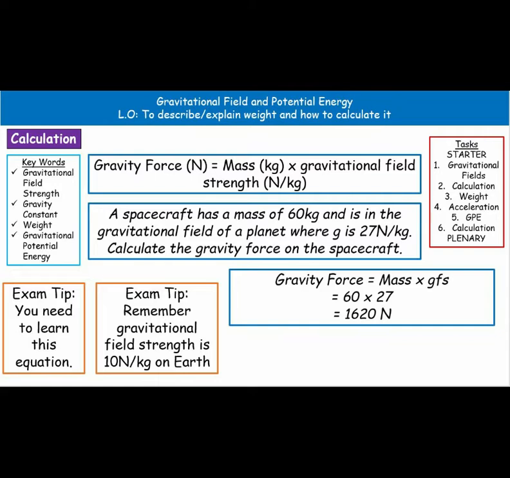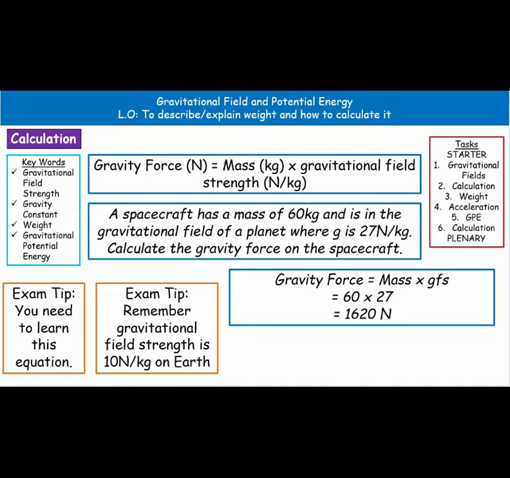In this case, it's gravity force is mass times the gravitational field strength, which we can shorten down just to GFS for ease. Then what we do is we substitute in those values from the question. Mass is 60 kilograms and our gravitational field strength is 27.